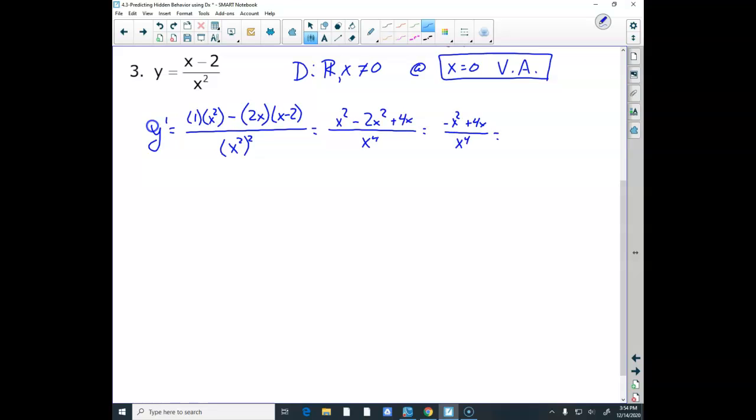Well, I can look at this and I can reduce and say that's negative x plus 4 over x to the third. That's my first derivative.